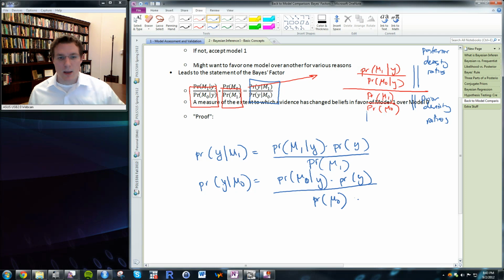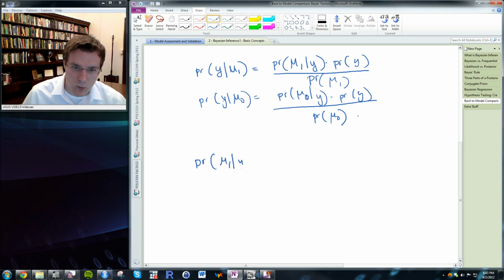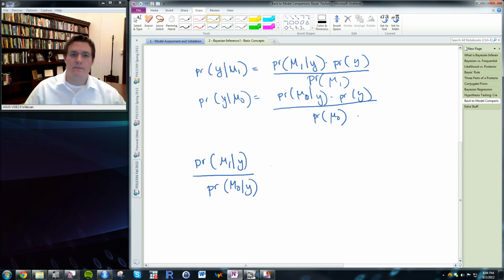What we want is Pr(M1 given y) divided by Pr(M0 given y). Well, in that case, let's rewrite things a little bit. I can use Bayes' rule the same way here.